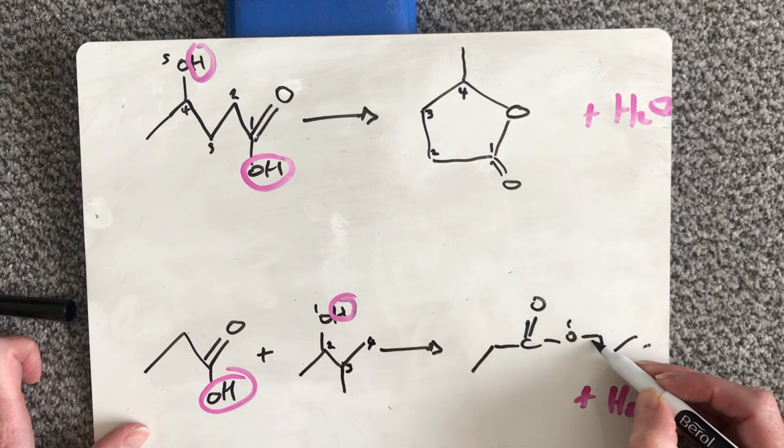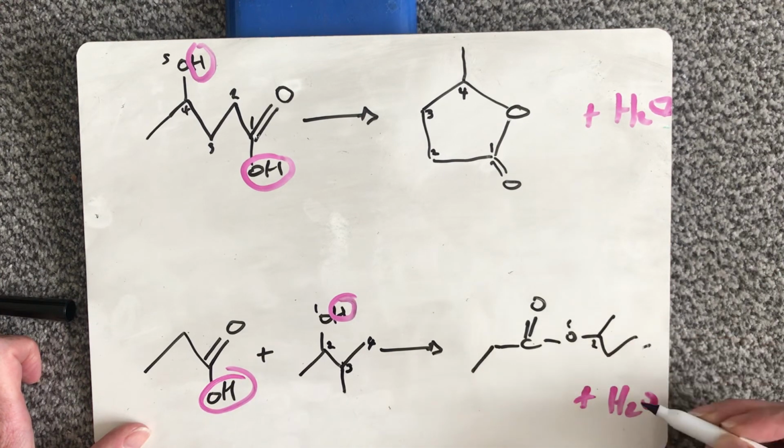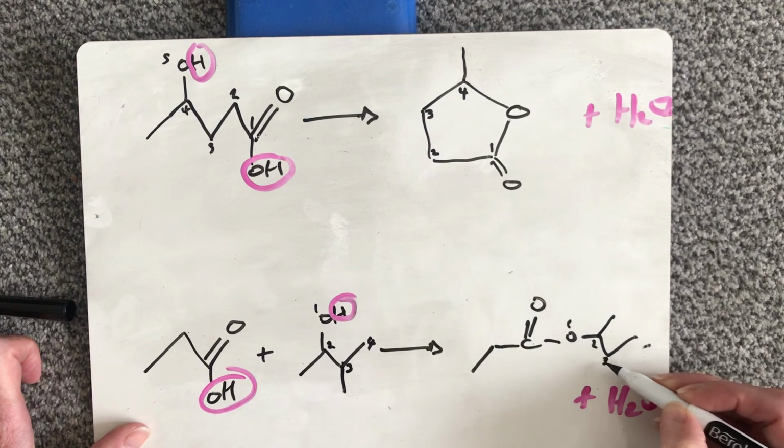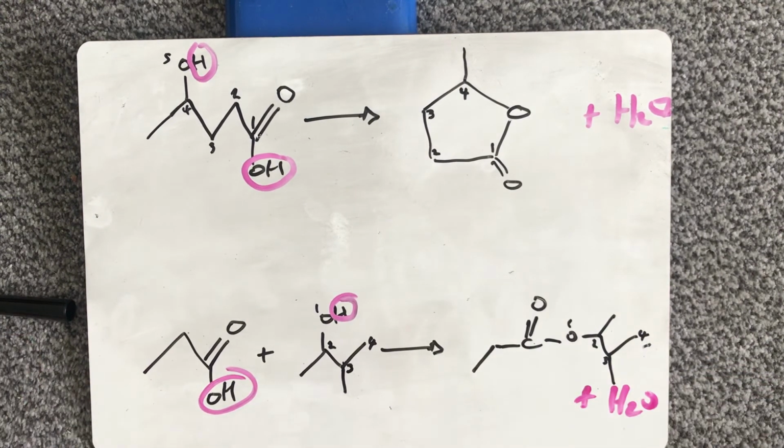2 is this carbon here, which has got a methyl group on it. This is number 3. That's number 4. And on 3, there's another methyl branch there. So you can see bridging O, 2 and 3 have each got methyl groups, and 4 is just the end of the chain.